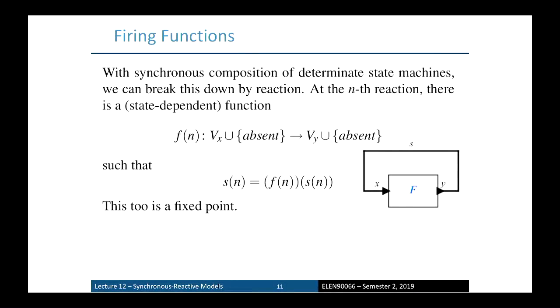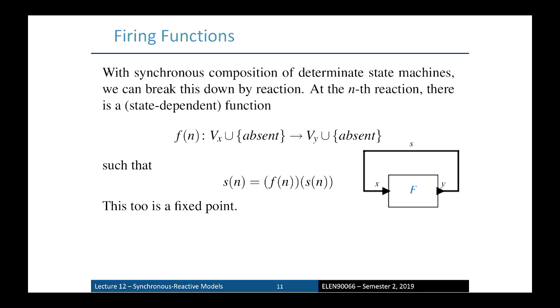But it turns out that instead of function spaces, we can break it down to just functions. For instance, at the nth reaction, some point down the ticks, after n reactions there's some function, determined by the FSM diagram, that maps the input space to the output space. That's what the FSM does. It's the update function.